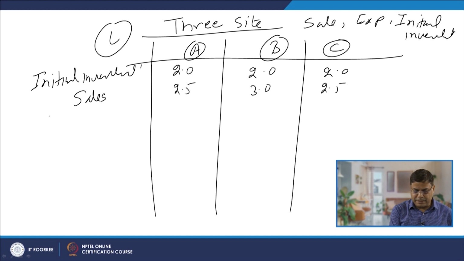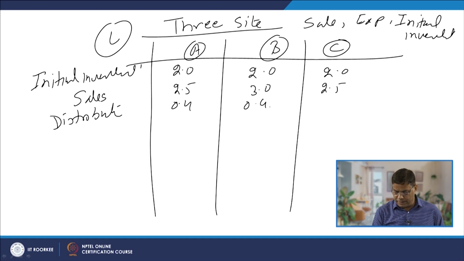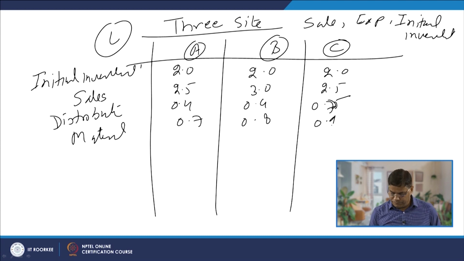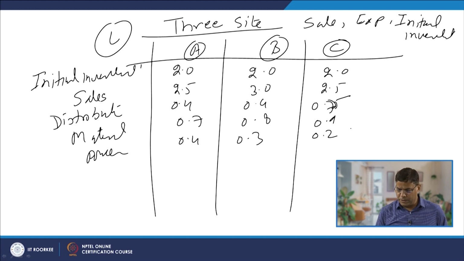Then we have a lot of expenditure. On account of distribution it is 0.4 for A, 0.4 for B and 0.75 for location C. Similarly, the expenditure on material is 0.7 for A, 0.8 for B and 0.9 for C. Then expenditure on power is 0.4, 0.3 and 0.2 for location C. And expenditure on labor is 0.2, 0.25 and again 0.2.